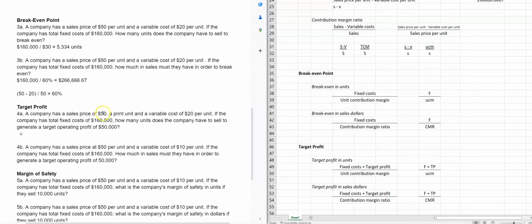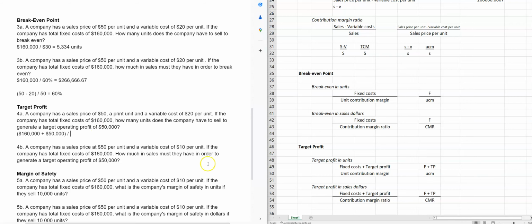Company has a sales price of 50, variable cost of 20, fixed cost of 160, and they want 50,000 in profit. Okay. So let's go ahead and start by finding our numerator. 160,000 in fixed costs plus they want to cover 50,000 in profit as well.